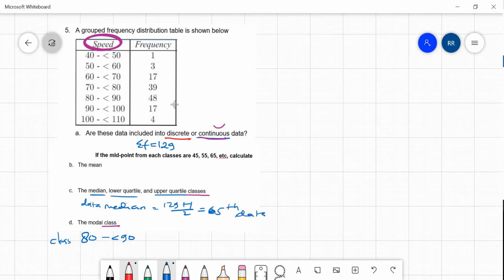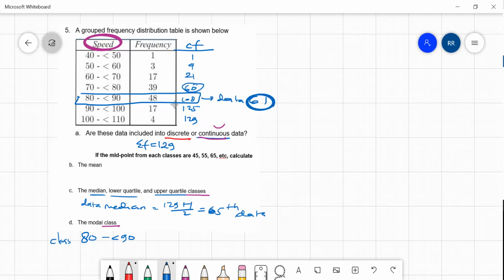Okay, 65th data. So I'm going to use the CF, remember? It's like 1 added with 3, 4, added with 17 is 21, added with that is 60, added with that 108, added with that 125, and 129. So where is the 65th data? It's in here. Why?